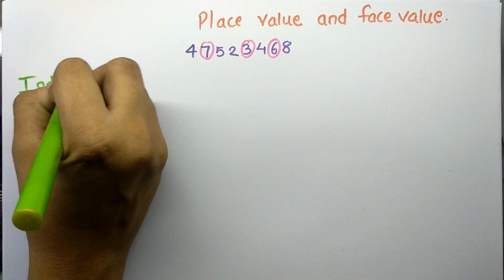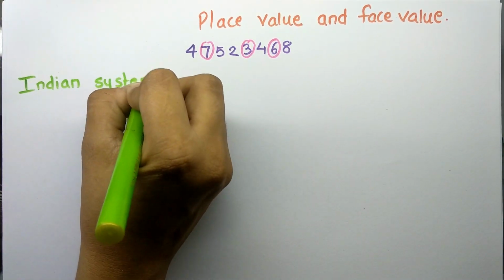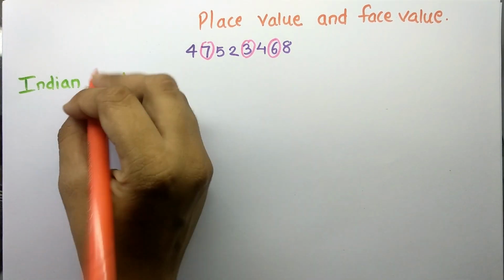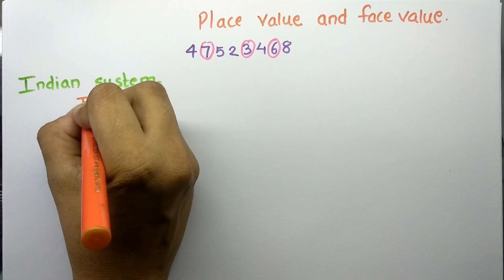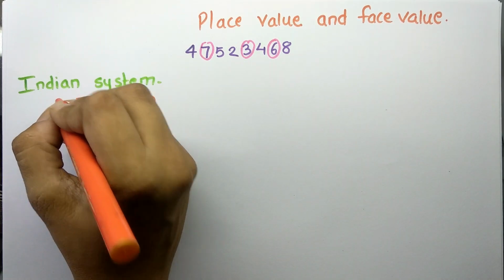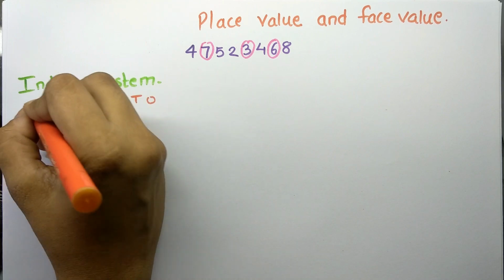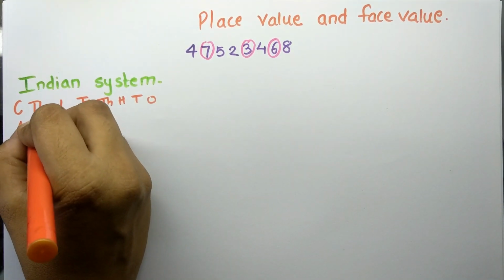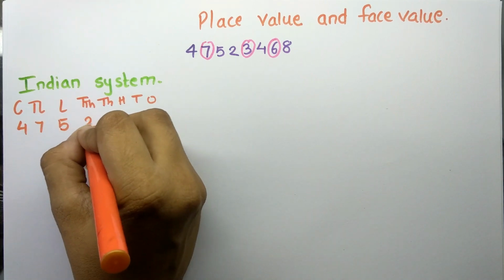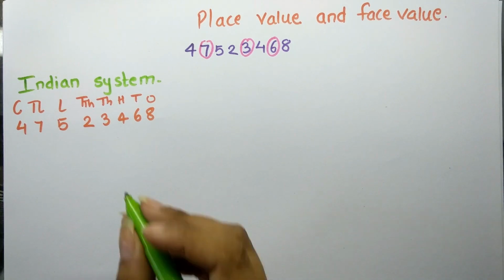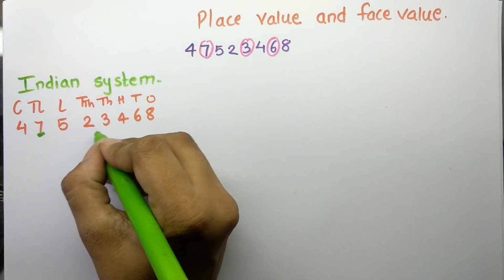We will write them in the Indian system of numeration and in the international system of numeration. To know the place value, first write down the number in the place value chart.